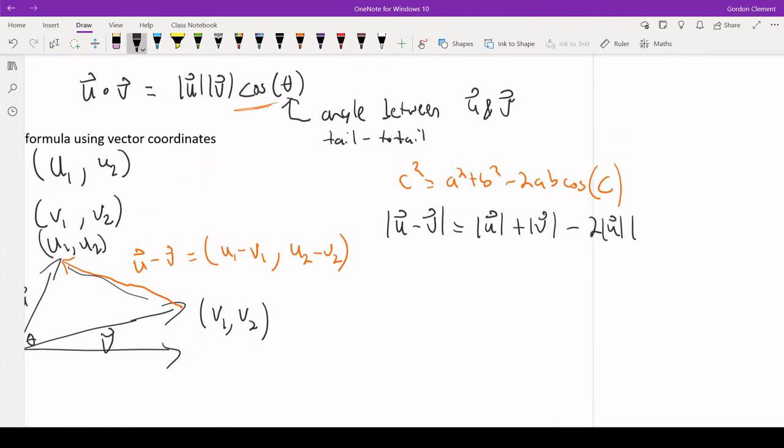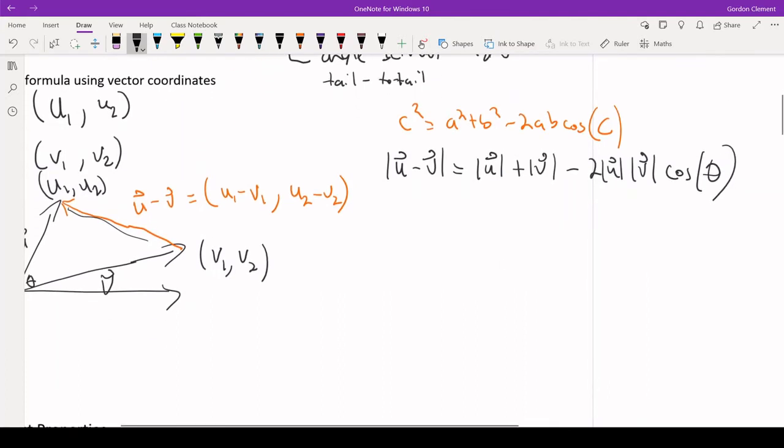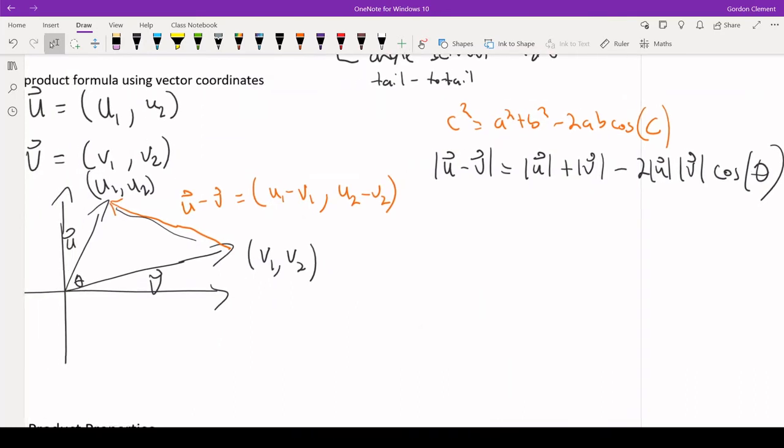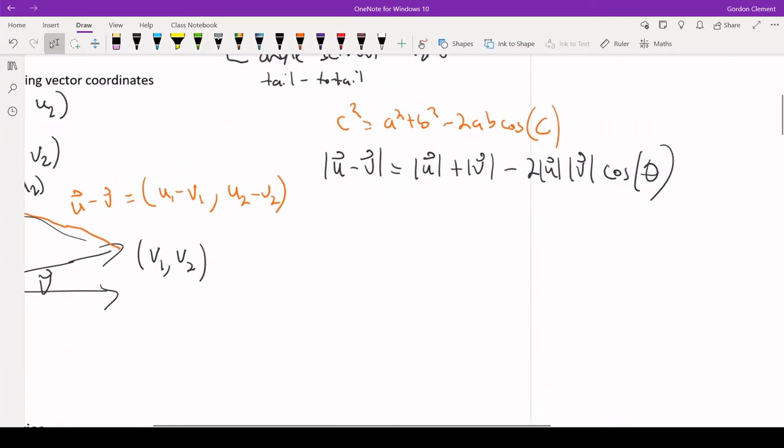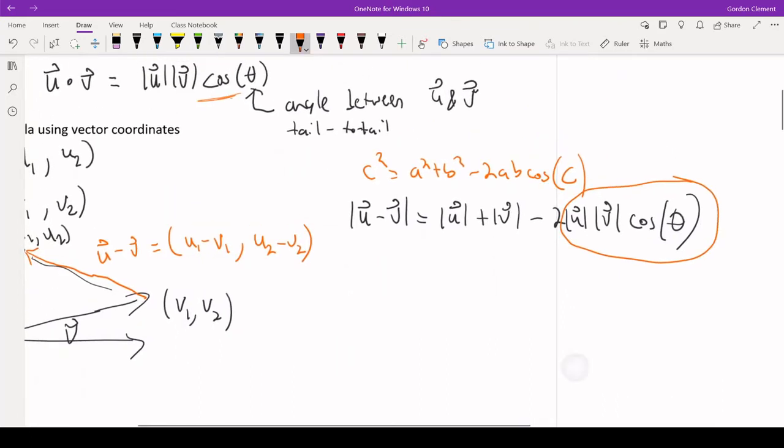My page has no limits. And so that's what cosine law looks like using the vectors on that triangle that we've made. And the wonderful thing that pops up there is that this is now sitting on our page, and that is the definition of what a dot product is.